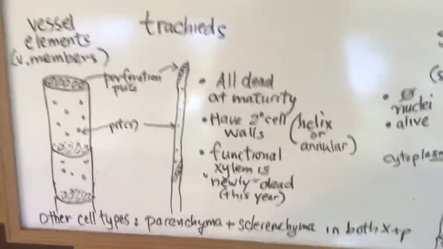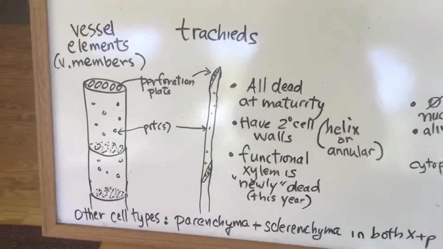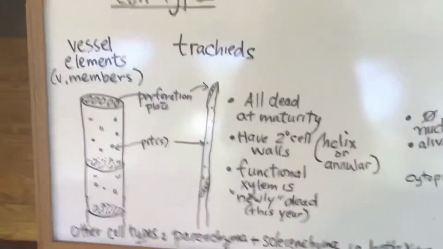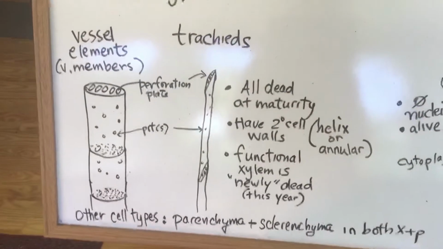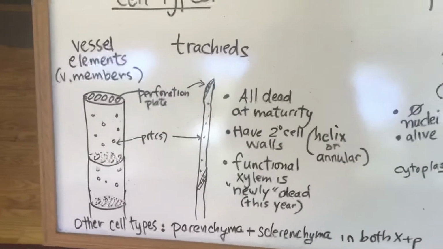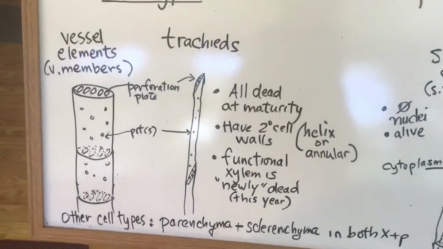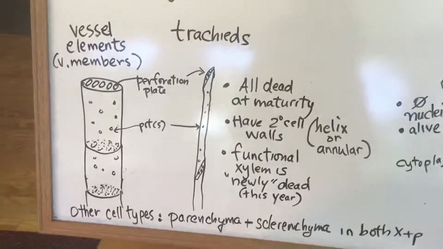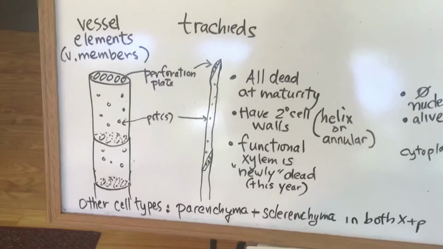Now some features of the xylem cells are that they are all dead at maturity, and they are functional only when they're newly dead. Now in the primary plant growth that we've been talking about so far, all the xylem cells would be functional. But later on, when we talk about secondary growth, you're going to see that there is some xylem that's a little bit older, like last year's, and last year's xylem would not be functional.